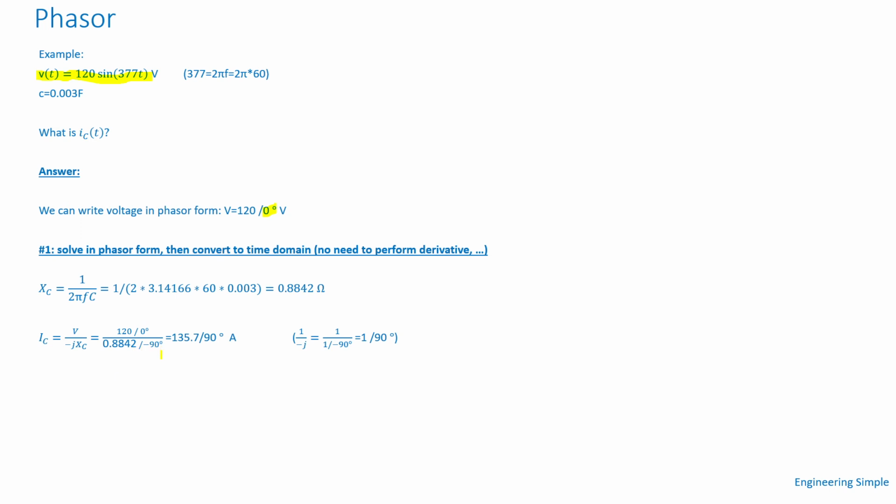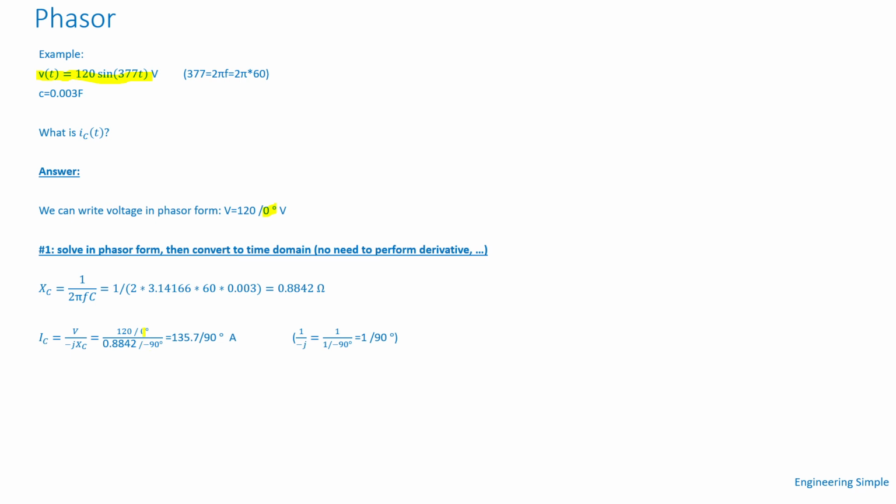Again, I would recommend going back to some of the videos where I talked about polar form and phasor operations to see how we go from J or negative J to negative 90 or 90 degrees for J. If I do the math, it's 135.7 with an angle of 90 degrees.